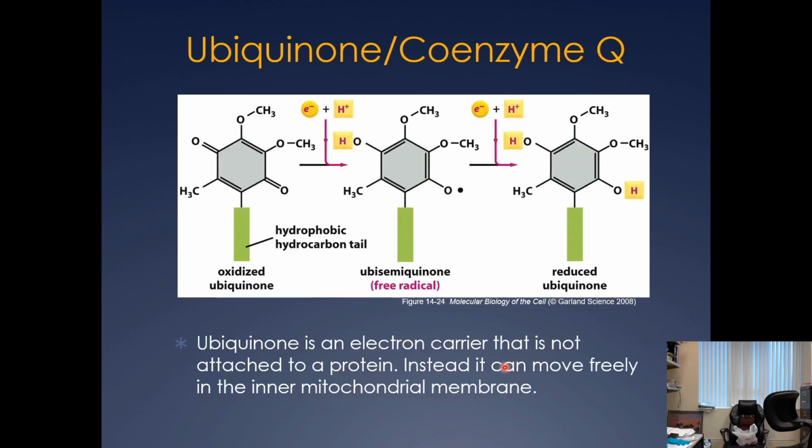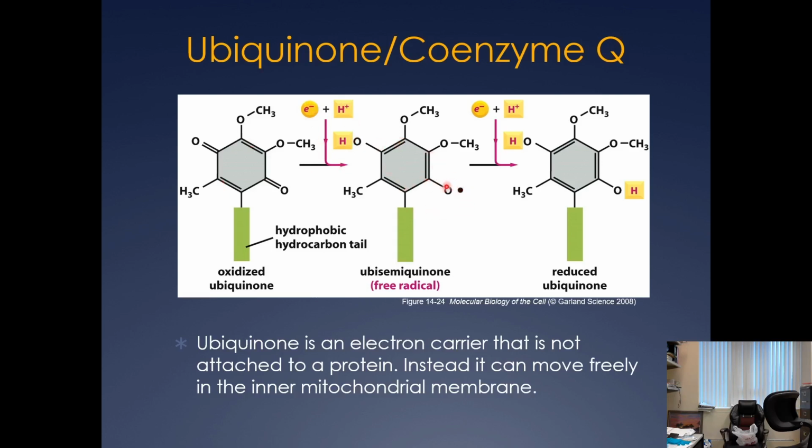Another cofactor that's great at moving electrons is this molecule called ubiquinone, and here it is, and it sits in the membrane, and as you can see here, you have the oxidized ubiquinone, and it can take up electrons, and then that will also take up protons.